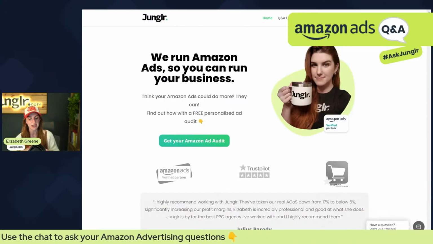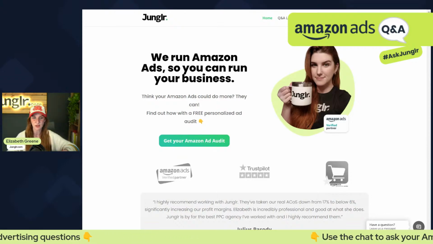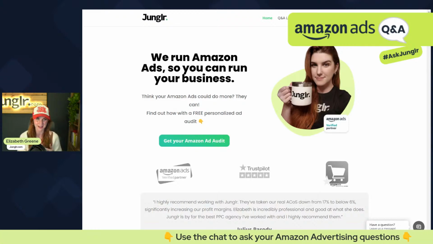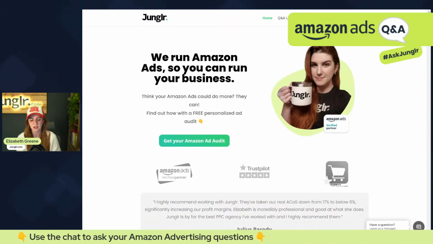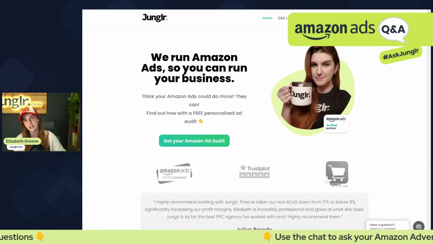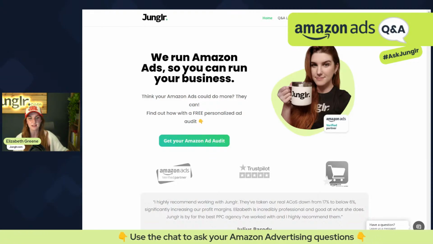What we do is we run Amazon advertising for brands, more specifically brands who are looking to grow their sales without having to sacrifice profit. Ads are a fantastic lever to pull when you're trying to grow your sales, but if you pull that lever a little too hard, you in some cases can go out of business.